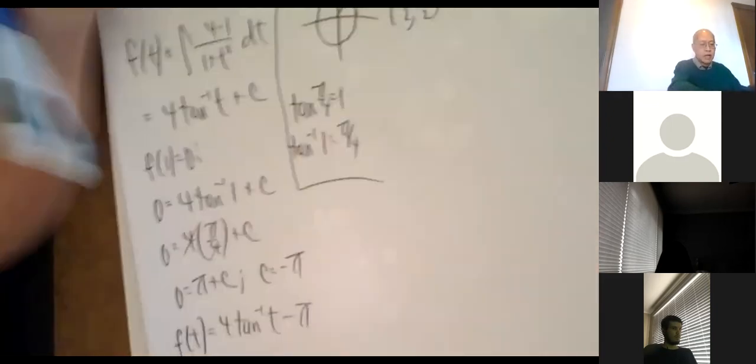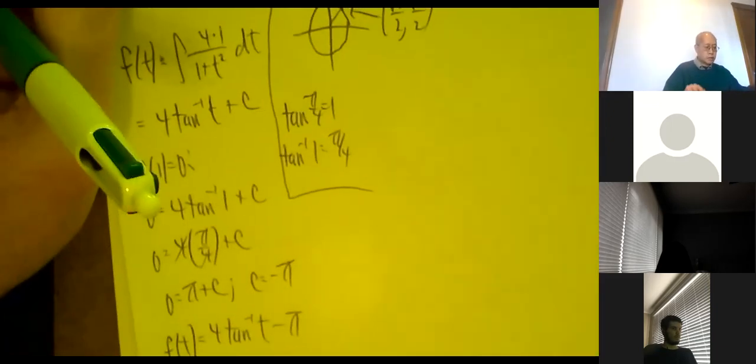So it's not infinitely many functions, it's only one function. This one function has two properties. Property number 1, the derivative is 4 over 1 plus t squared. Property number 2, when you plug in 1, you get 0: 4 times pi over 4 is pi, pi minus pi is 0. Okay, so there it is.